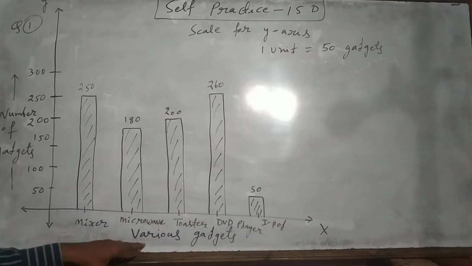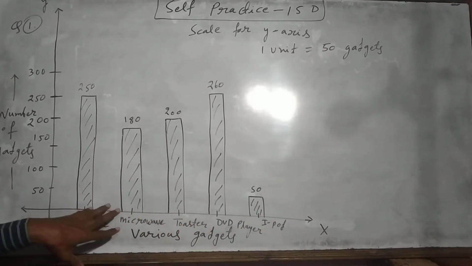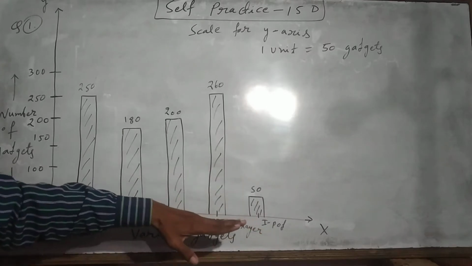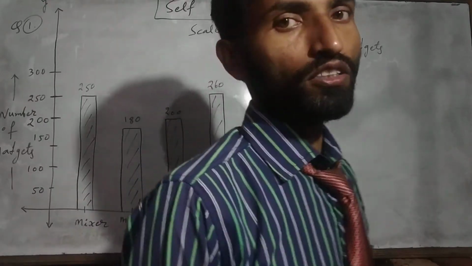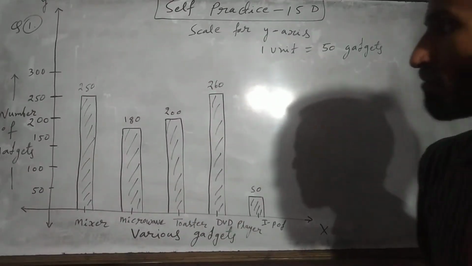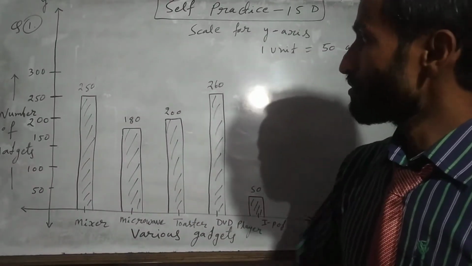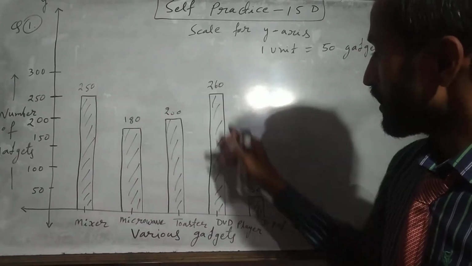So these various gadgets are on the x-axis. And whatever numbers are given, you write on the y-axis, depending on which type of interval you want to take. That depends on you and also on the numbers.